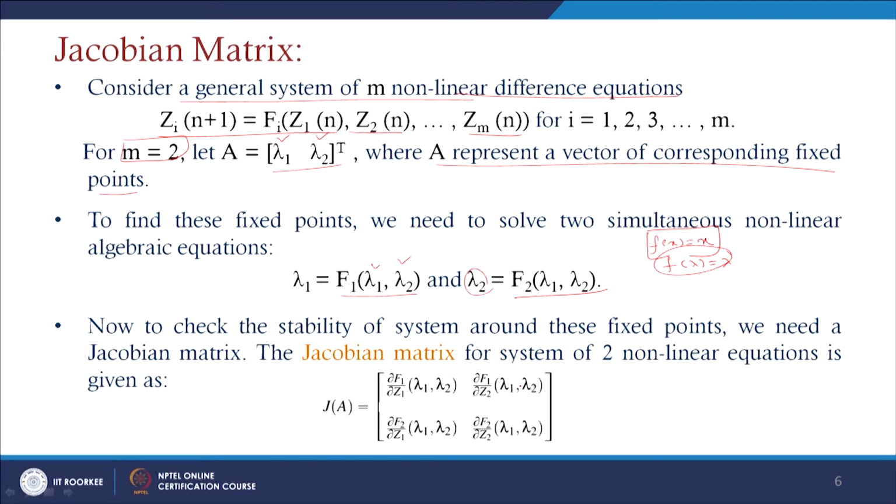Since the variables used here are z1 and z2, we represent this differentiation with respect to z1, since f1 is the first function: f1 with respect to z2, then f2 with respect to z1 and f2 with respect to z2.